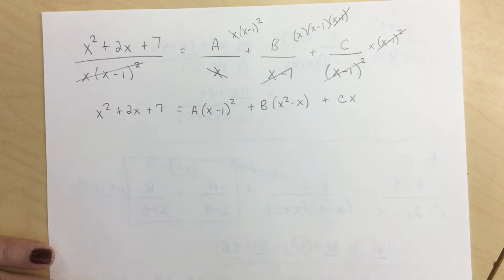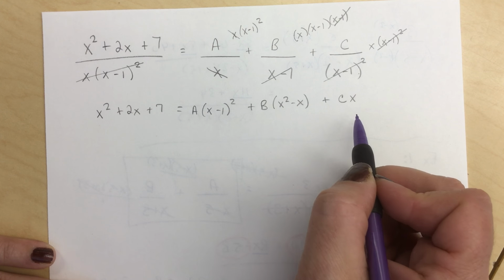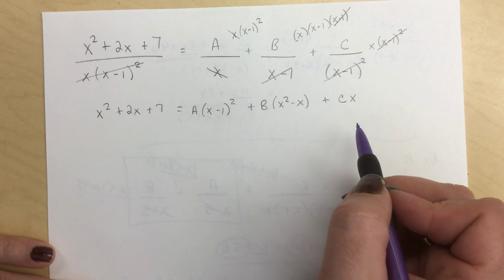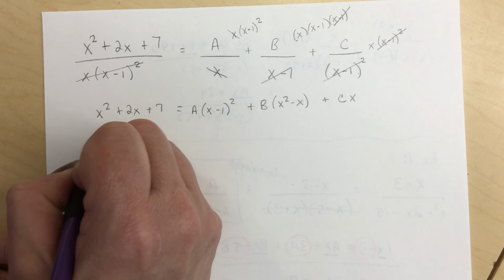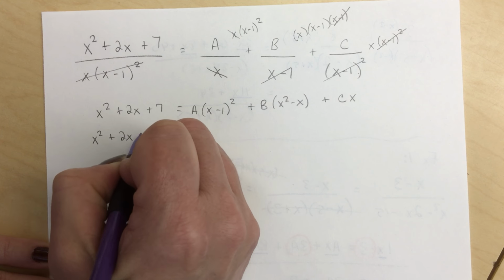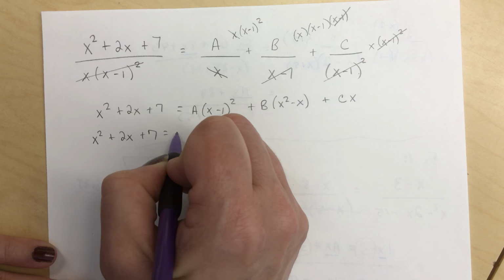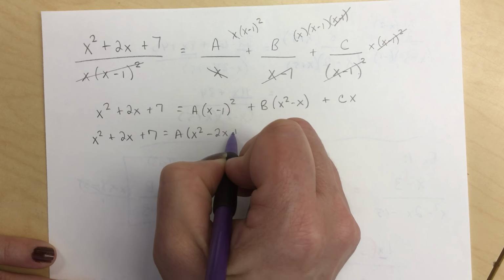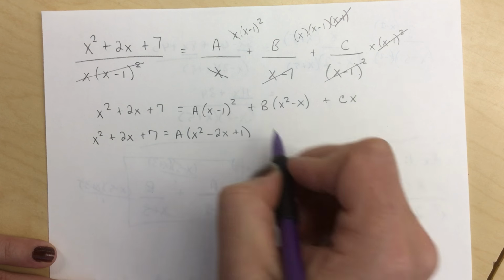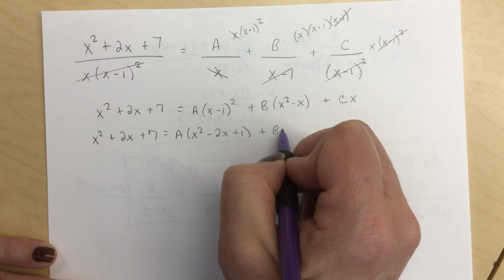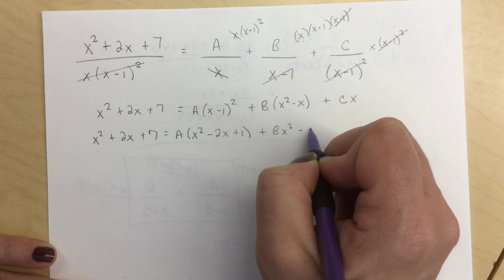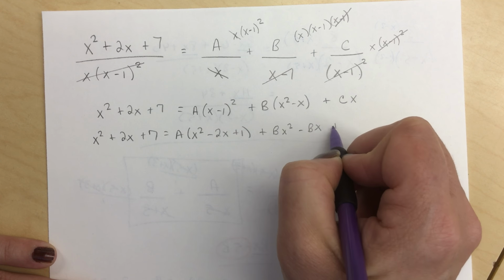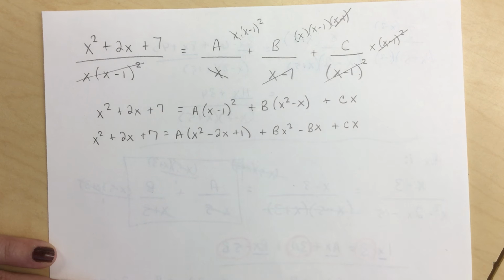Okay? Now, you need to multiply this stuff out in order to get to the next step. So x squared plus 2x plus 7 equals a times x squared minus 2x plus 1, and I can go ahead and multiply those through. So bx squared minus bx plus cx.